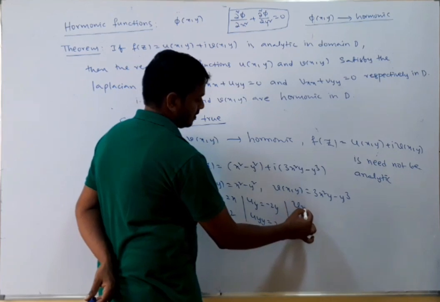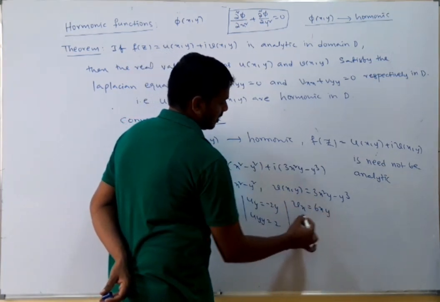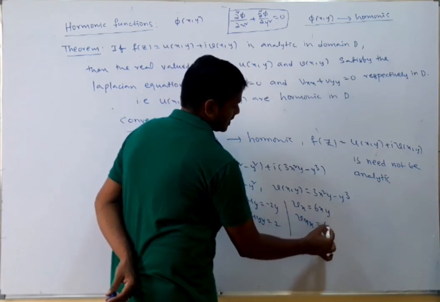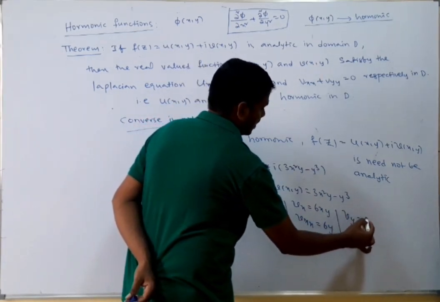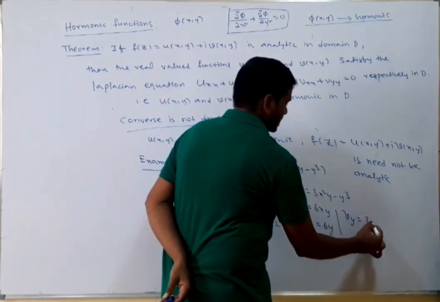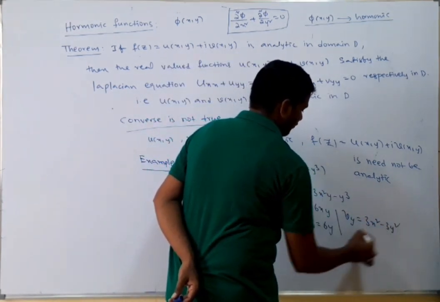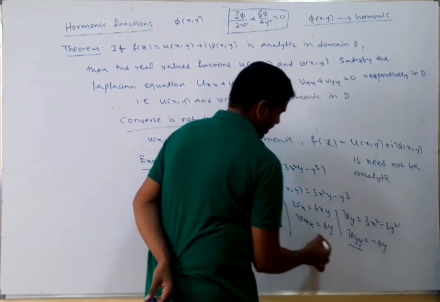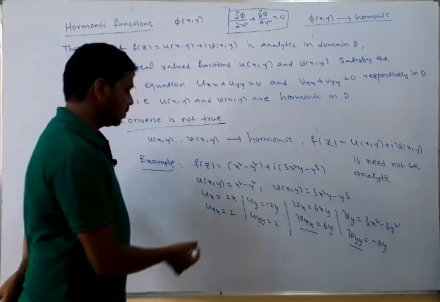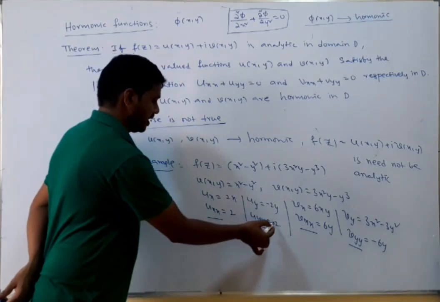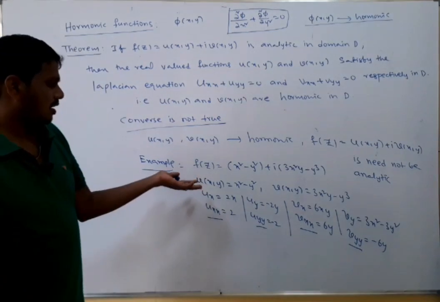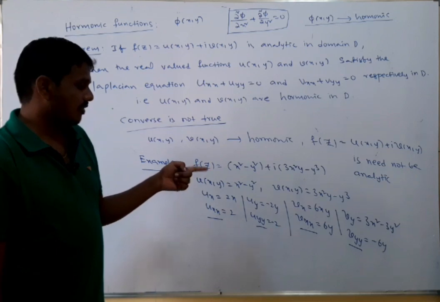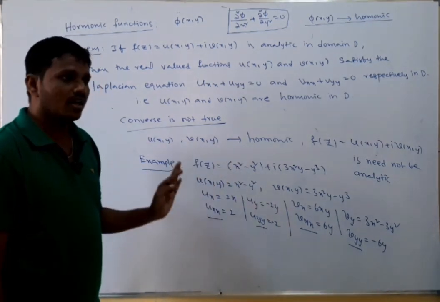Next, v_x is 6xy, v_xx is 6y, v_y is 3x square minus 3y square, v_yy is minus 6y. v_yy plus v_xx is equal to 0, and u_xx plus u_yy, it is 2 minus 2, is equal to 0. So the real and imaginary parts are harmonic.